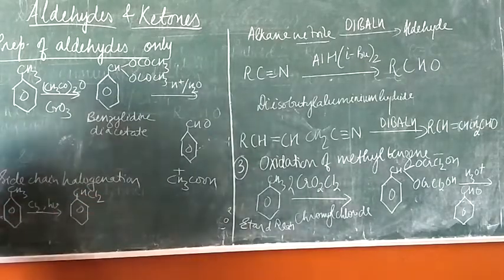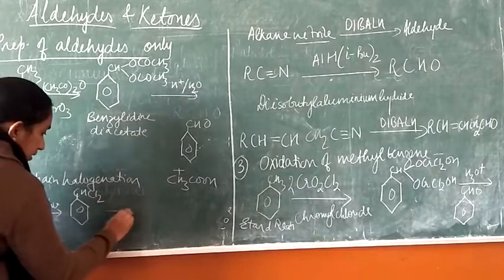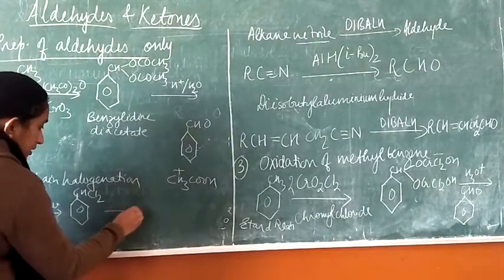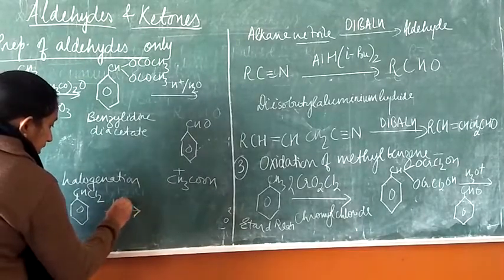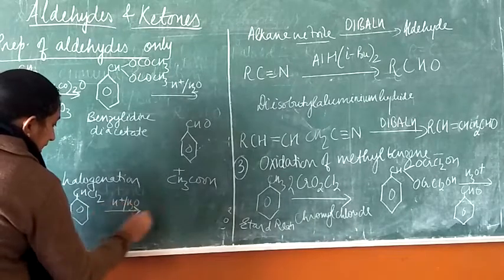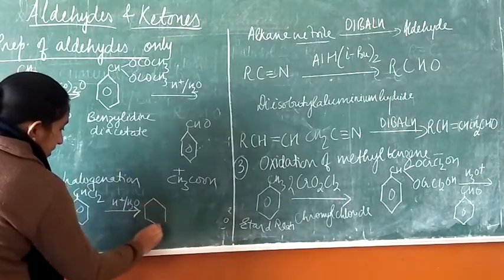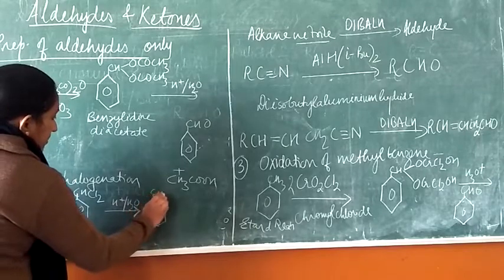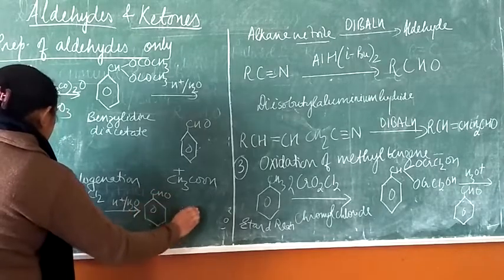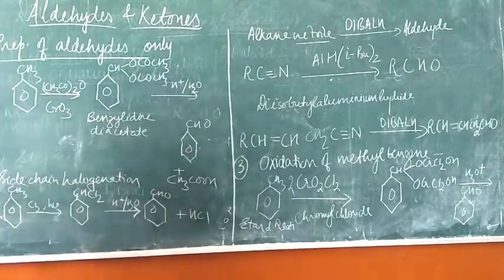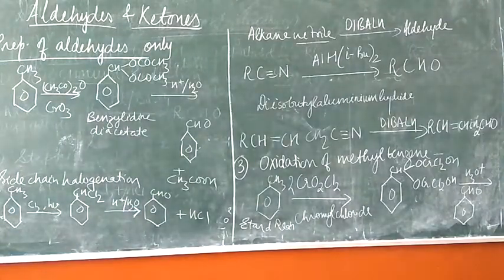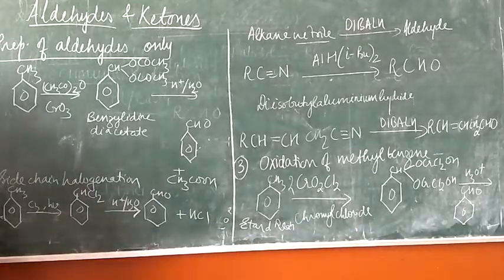We will get benzylidene chloride, which on acidic hydrolysis will give us benzaldehyde, and this is the HCl. So side chain halogenation of methyl benzene, followed by hydrolysis, gives the benzaldehyde.